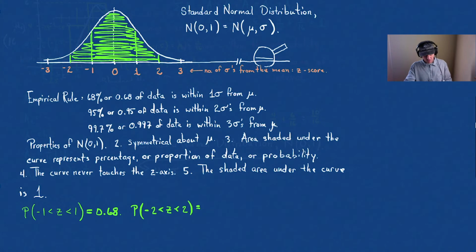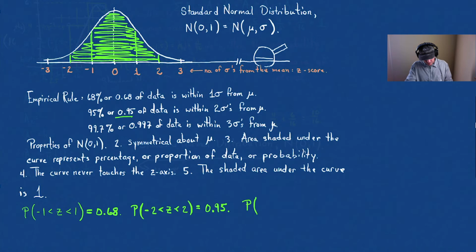Well, the empirical rule says that's 0.95. And you could do that one more time between -3 and 3. It's 0.997.